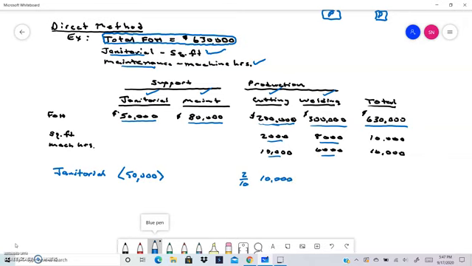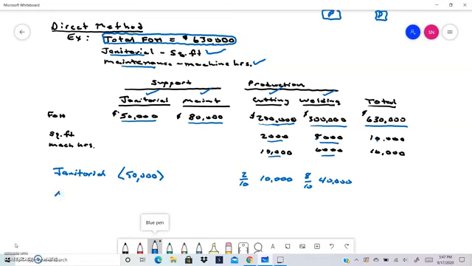And here we want to take 8,000 out of the 10,000, so 8/10 of 50,000, and so that's going to be 40,000. And so that's going to be how we're going to allocate the 50,000. So again, it's just proportional to the square footage in the production departments.